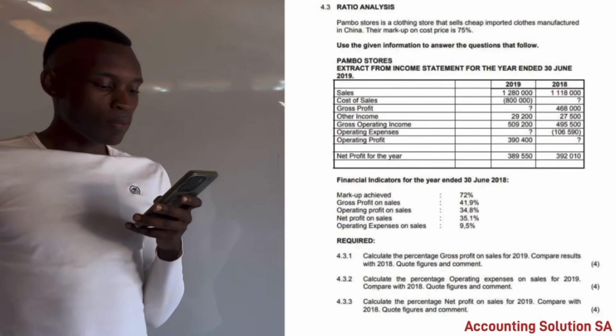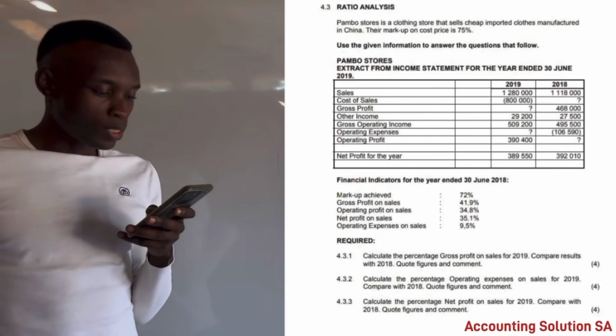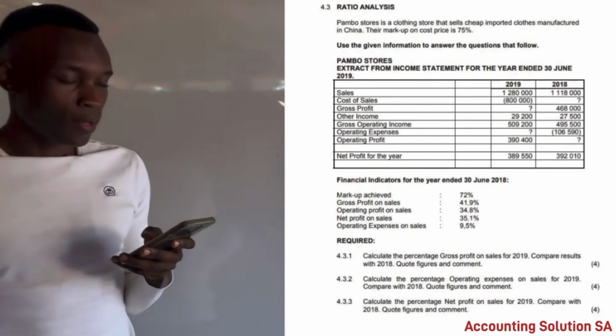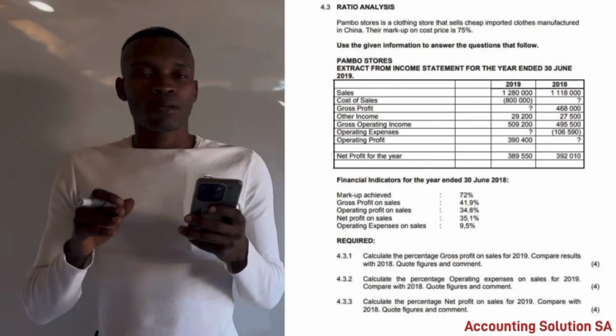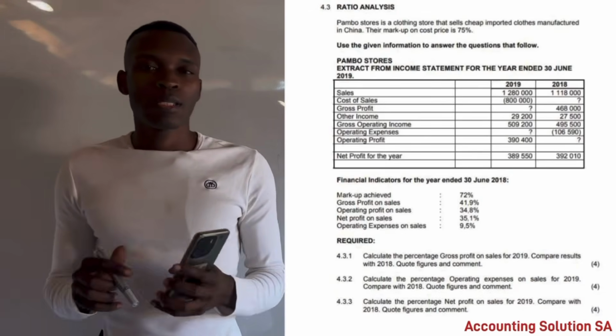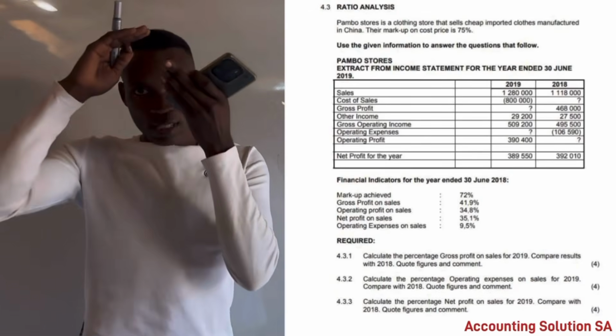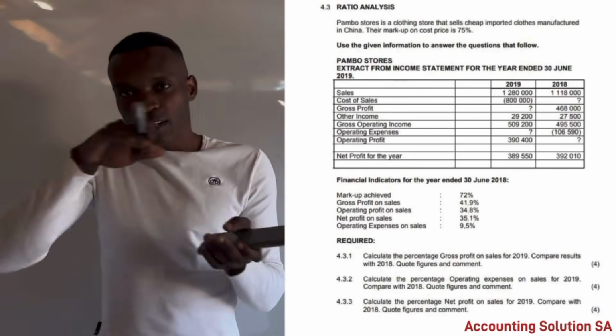4.3.1, calculate the percentage gross profit on sales for 2019. Compare the results with 2018. Guys, each and every ratio that says gross profit on what, operating profit on what, whatever they say first, when they say "on", they are saying that it is divided by the next one.